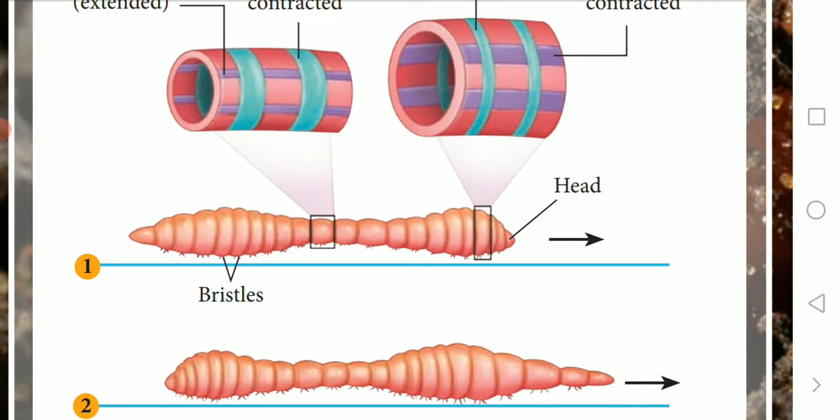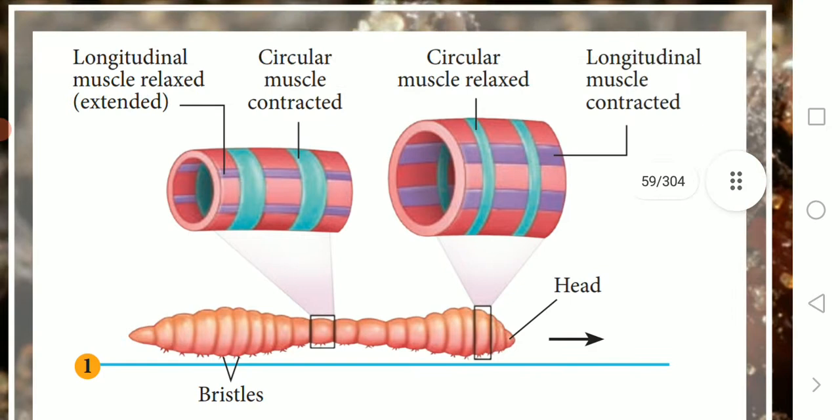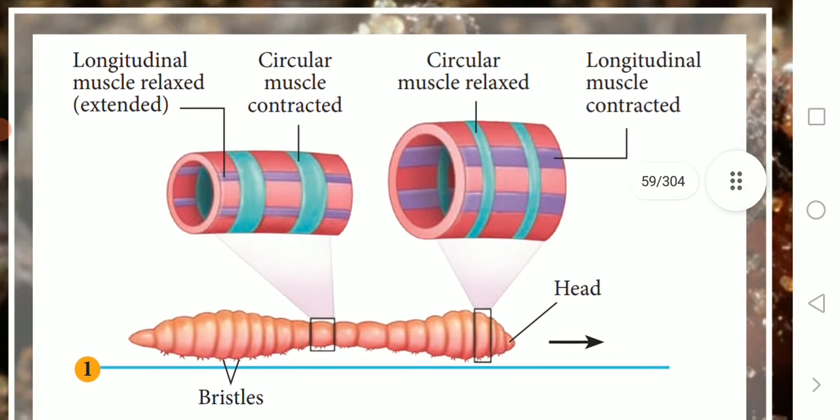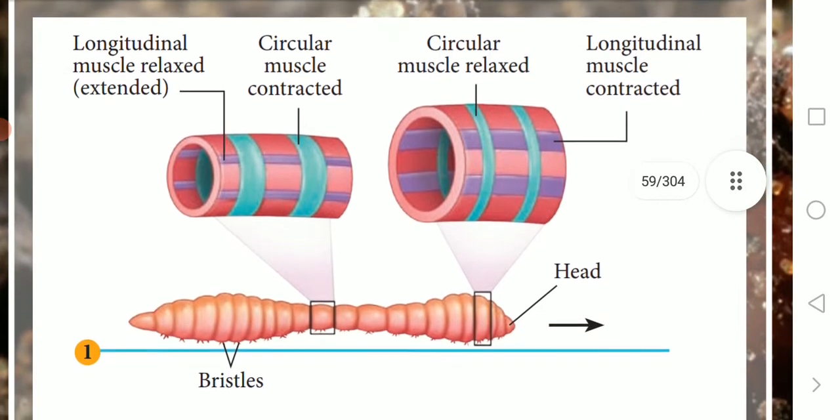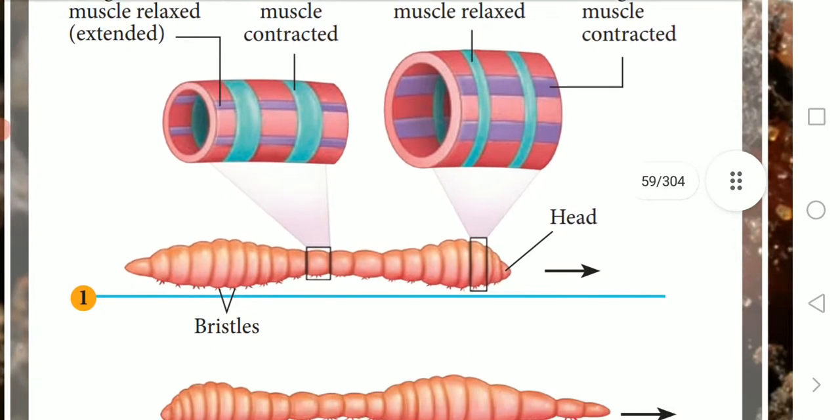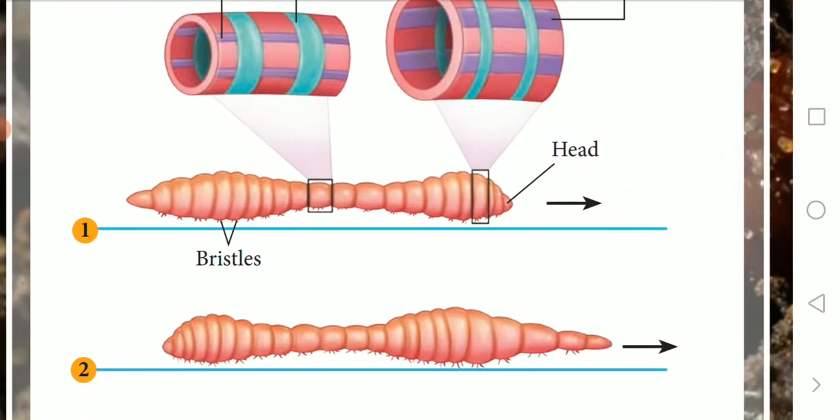Below the epidermis layer of the body, these are the circular muscles. The contraction of the circular muscles makes the body long and narrow. In this front portion, only circular muscles are present.